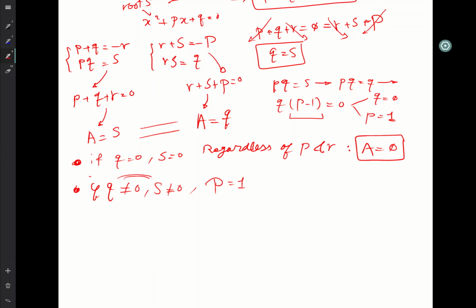And if p is 1, the other equation is this one, right? And the same thing, q times (r minus 1) is equal to 0, and r should be 1, too, right?